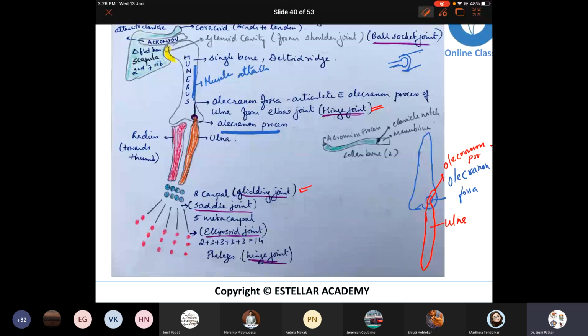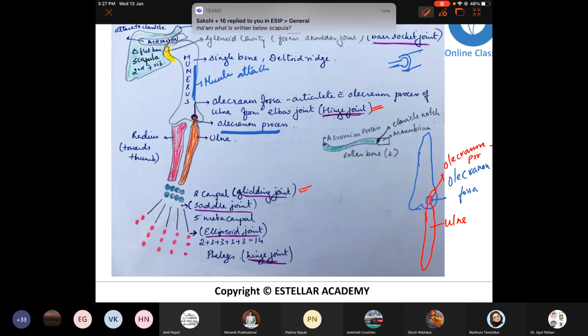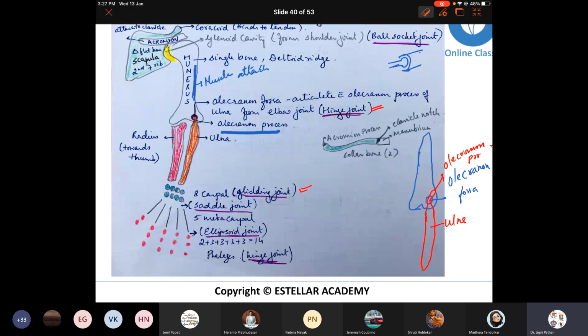Are you all done? The scapula is below, from the back side; the position of the scapula from the back side covers the second to seventh rib.